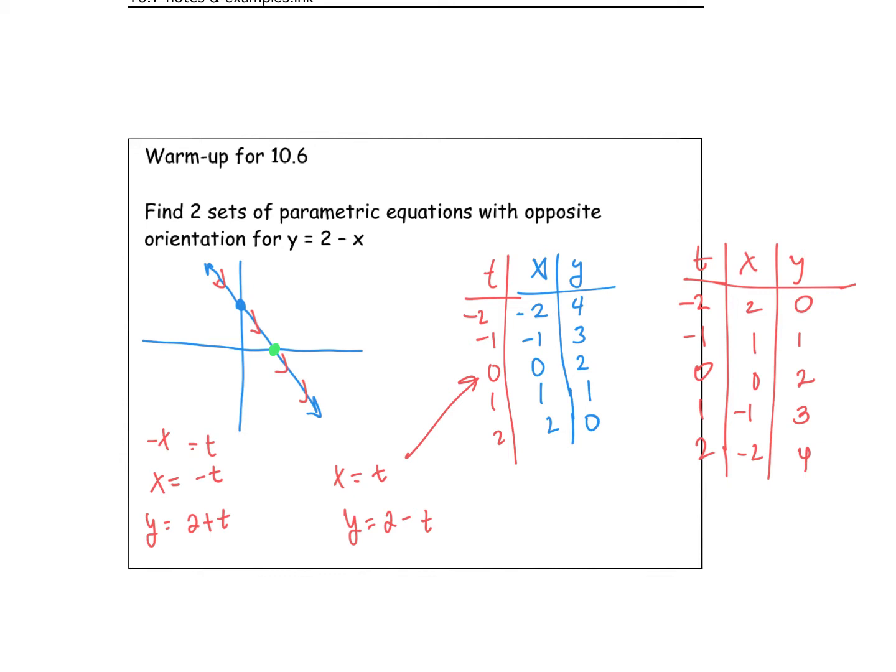Then I would plot 1, 1. Then I would plot 0, 2. Then I would plot -1, 3. Then I would plot -2, 4. So my direction, my orientation, goes the other way by a simple sign change. Not changing the equation, not changing the line, but the orientation.